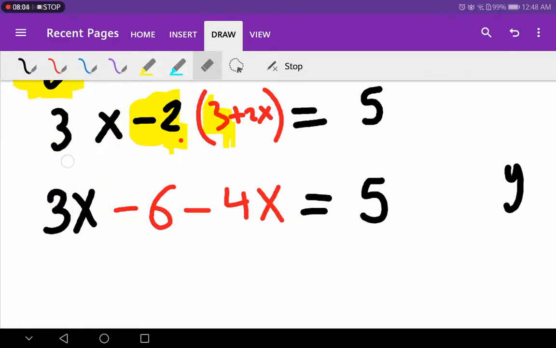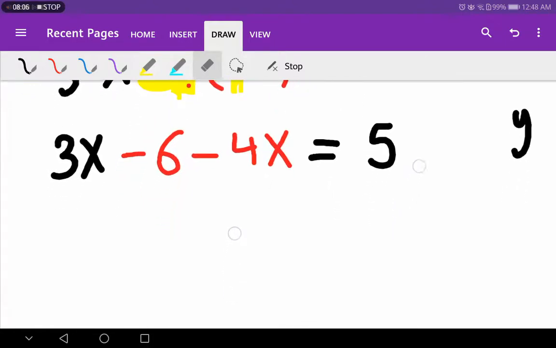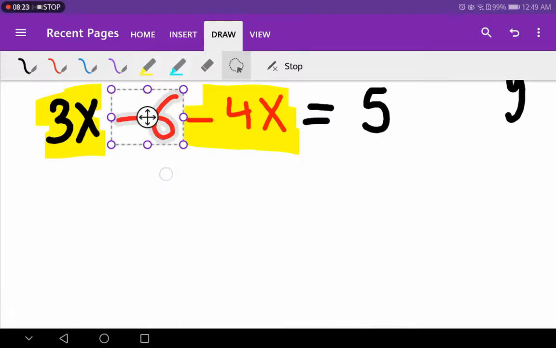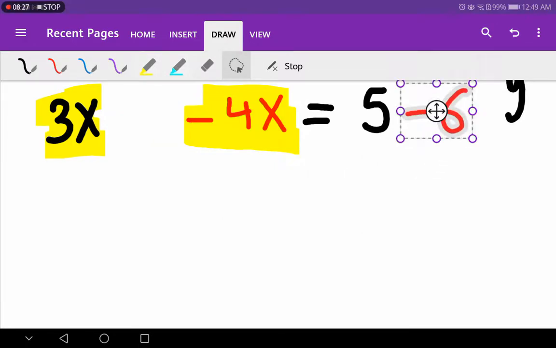Okay, my dear student, so I have this here. Now I have to combine the like terms. I have 3x here and negative 4x here. I have to throw this number to the other side because it has no x, and change its sign. It will be plus.